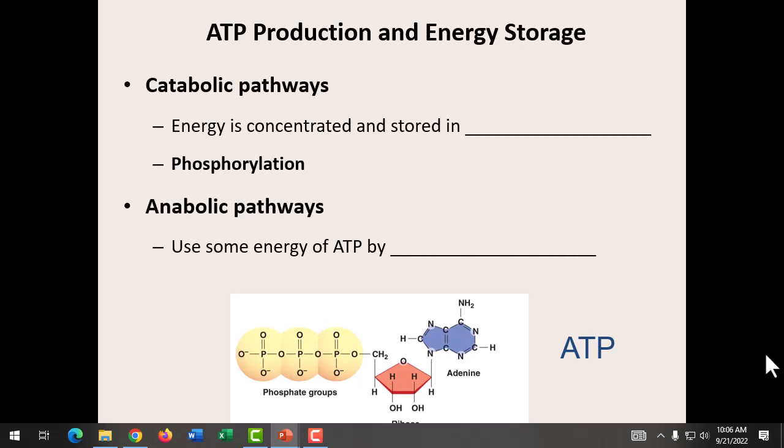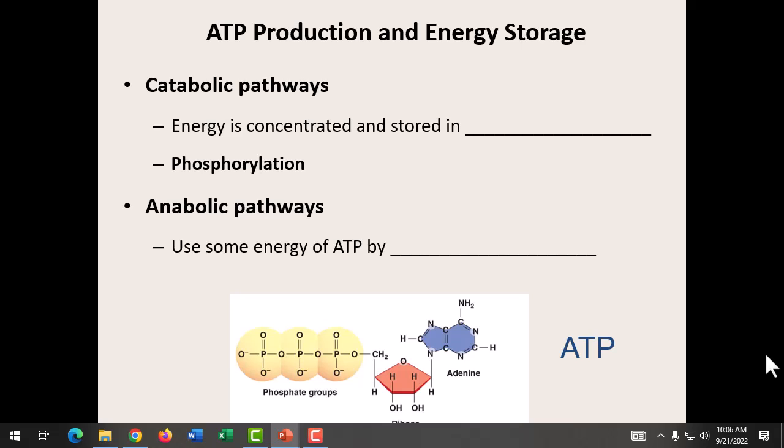High energy bonds. So if you ate breakfast, say you're a big breakfast eater, you ate some pancakes and eggs and bacon and toast, and you had a huge breakfast. You probably didn't instantaneously use all that energy from that breakfast.